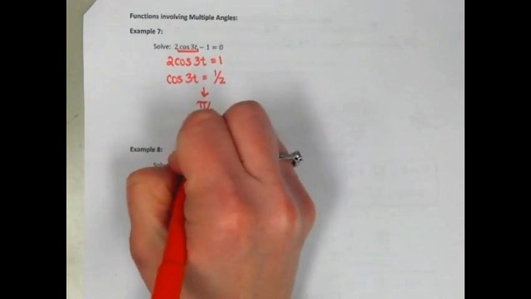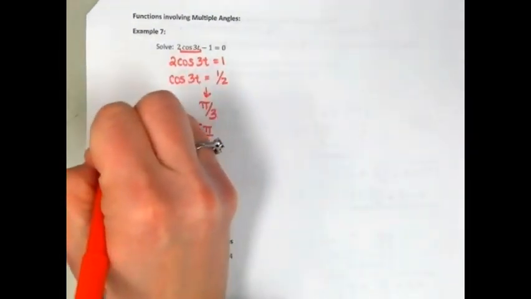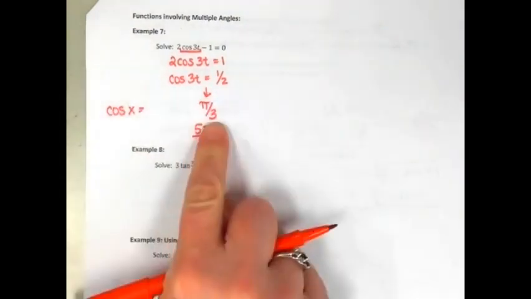Where else is cosine positive? Quadrant 4, right? So when is it quadrant 4? 5 pi over 3, okay? So that is when the cosine of x equals 1/2, at pi over 3 and 5 pi over 3, right? But what do you guys notice?